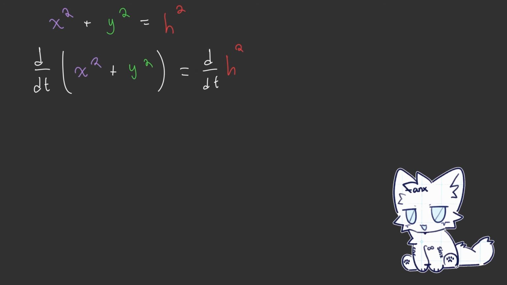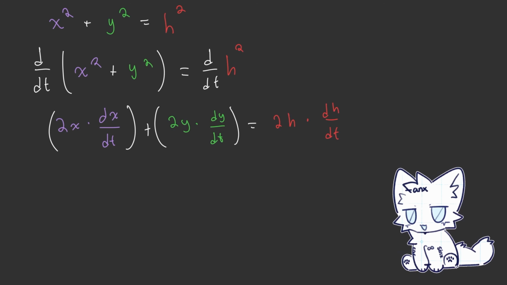That would be 2x times dx/dt plus 2y times dy/dt equals 2h times dh/dt. And I want you to notice something.